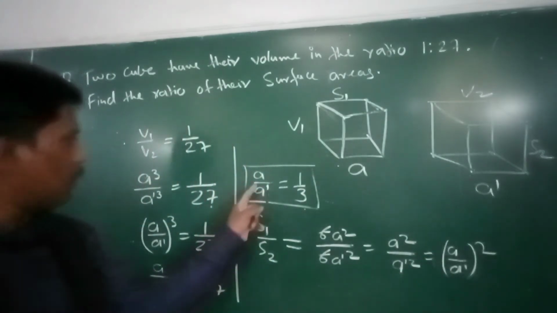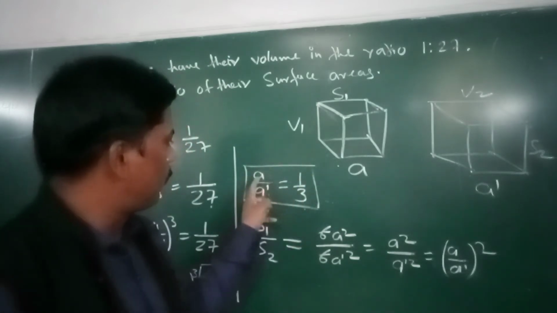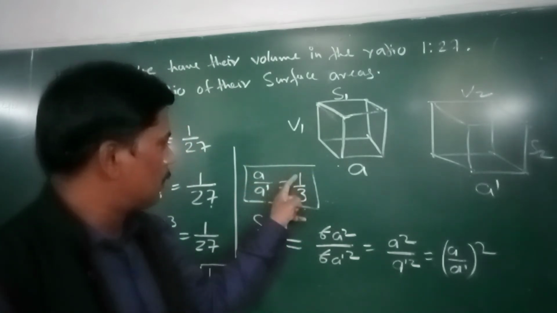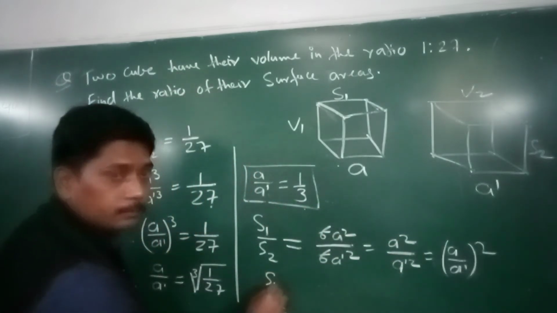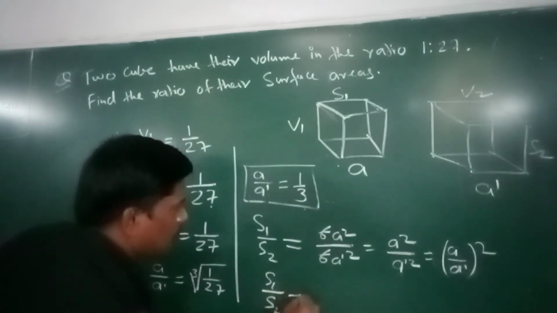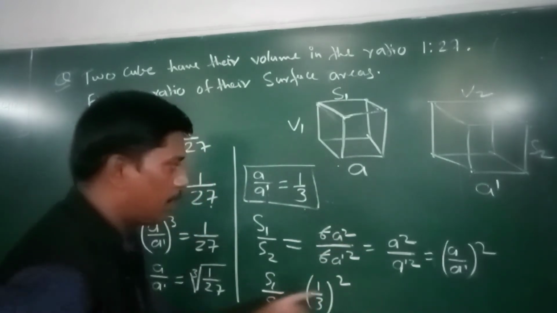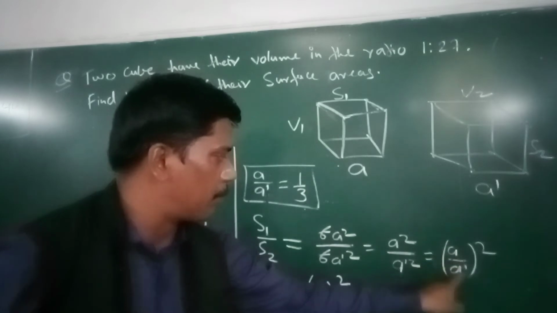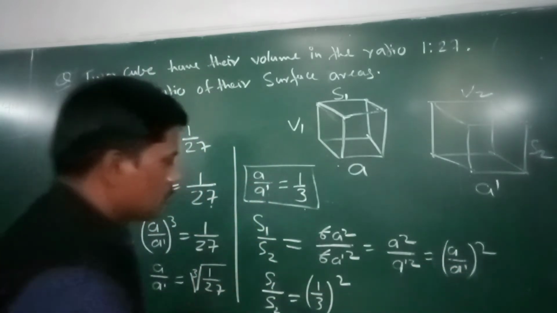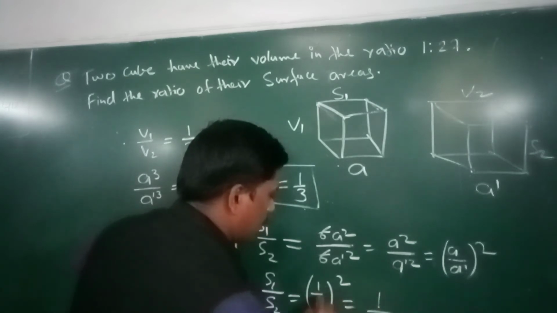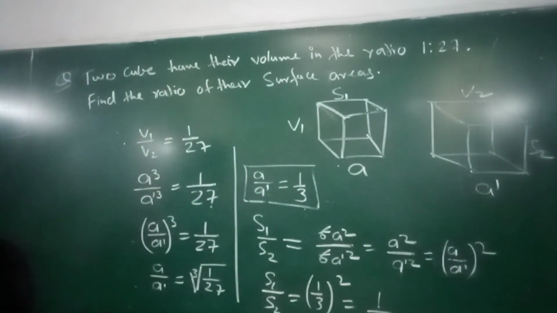The value of A upon A dash is already given as 1 by 3. Now we put the value, so S1 upon S2 is equal to 1 by 3 square. So 1 square equals 1 and 3 square equals 9.